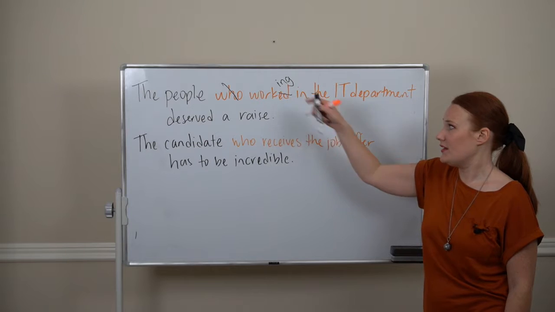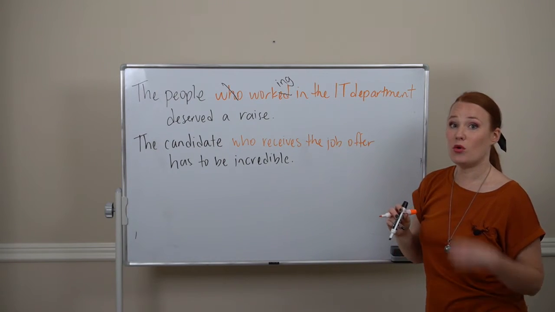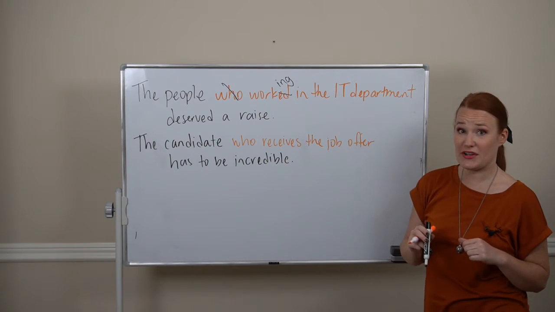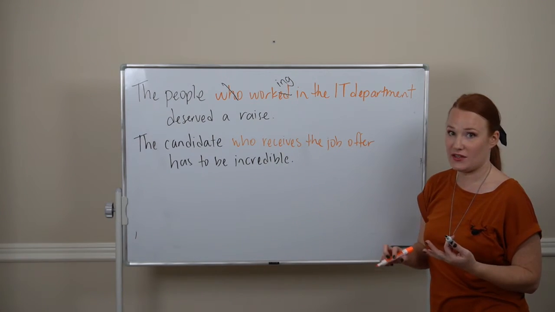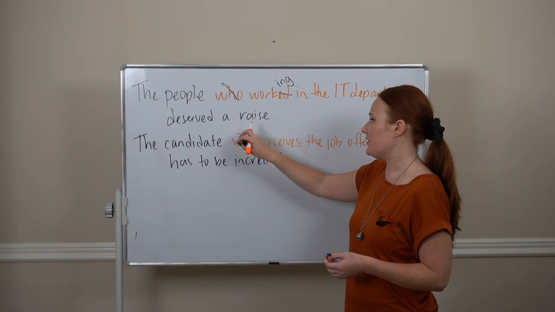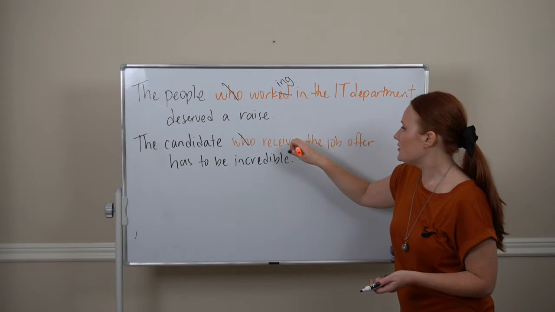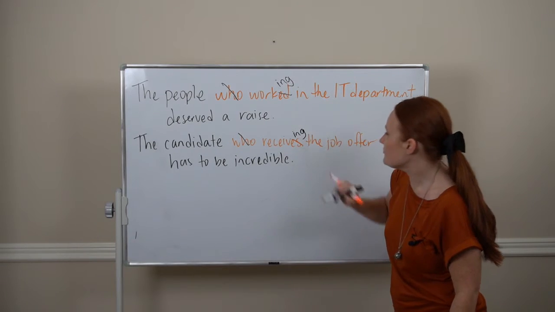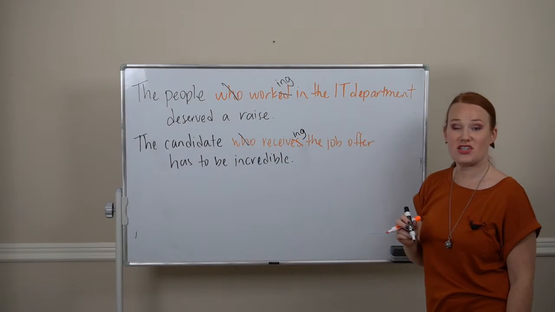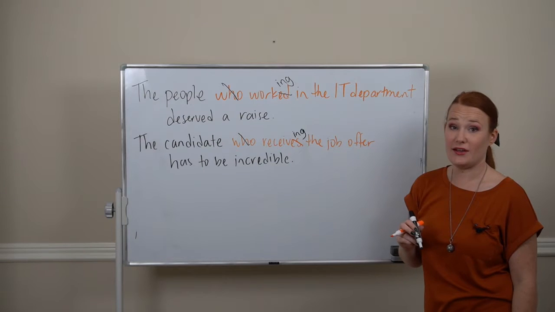Took our verb, changed it to an ing, the people working. Same with present simple. The candidate who receives the job offer has to be incredible. Get rid of that relative pronoun. Change to an ing. The candidate receiving the job offer has to be incredible.